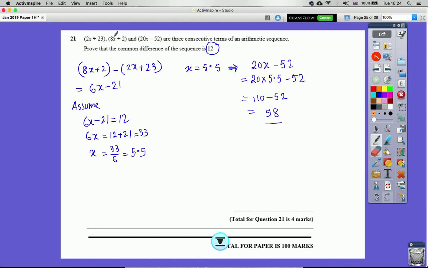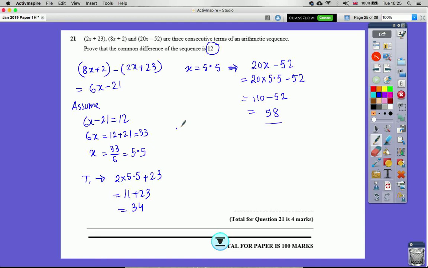Let's see what the other terms are. So the term number 1, I'm going to take it as 2 times 5.5 plus 23, which is 11 plus 23, 34.